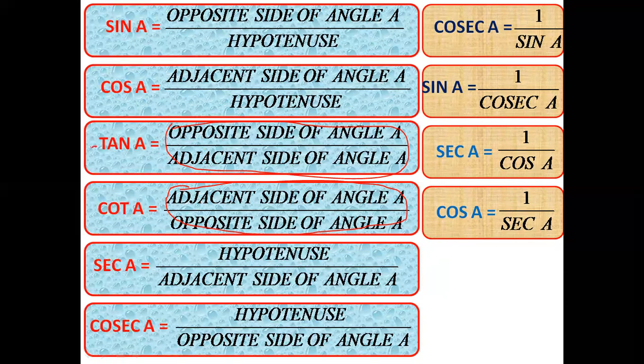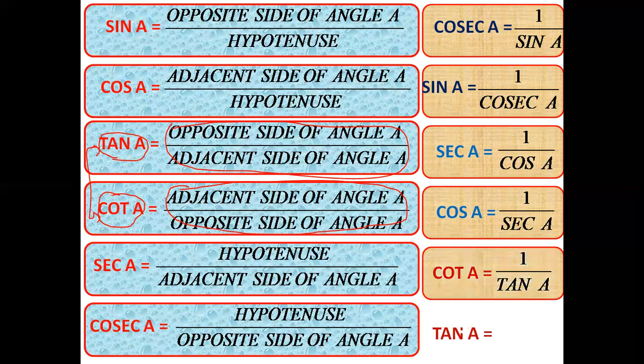So you can make a link between tan and cot. Tan A and cot A are also reciprocal to each other. So cot A is equal to 1 by tan A, and tan A is equal to 1 by cot A.